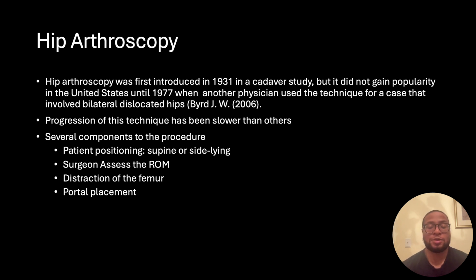The surgeon then assesses the patient's range of motion. Distraction of the femur is then added in order to create an opening for proper viewing and debridement if necessary, as well as portal placement.